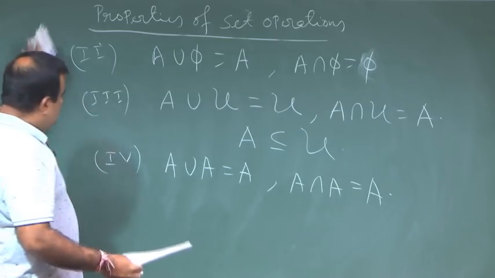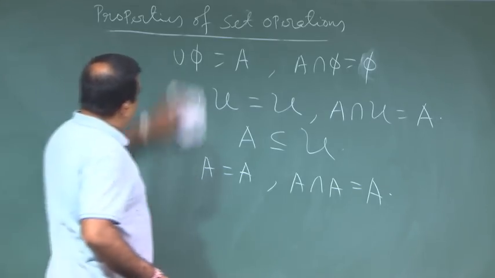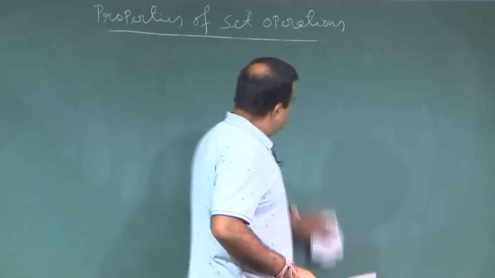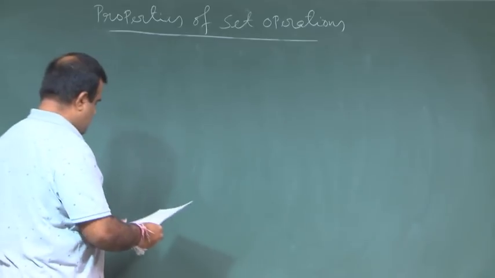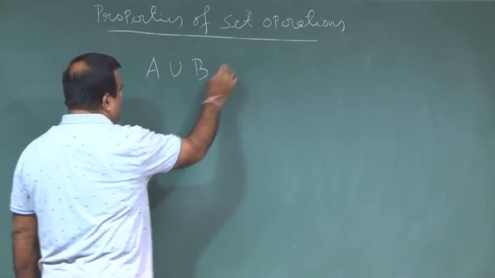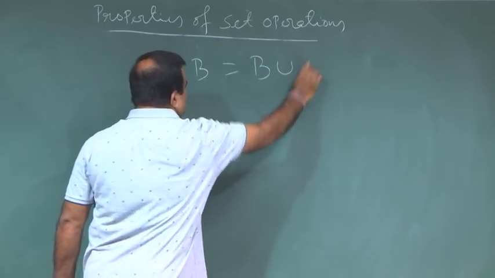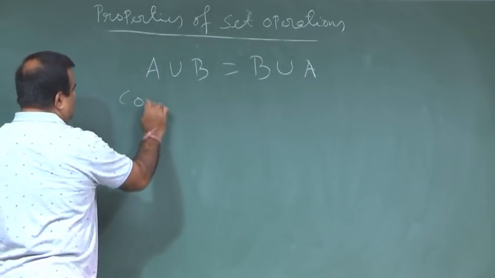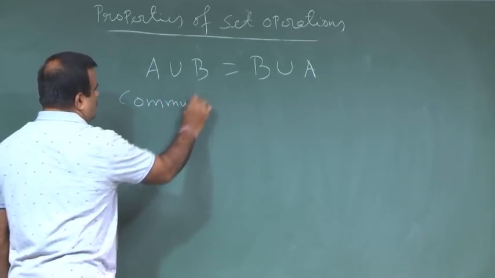Okay. So, now the next property is the commutative property, like A union B is same as B union A. This is called commutative property.